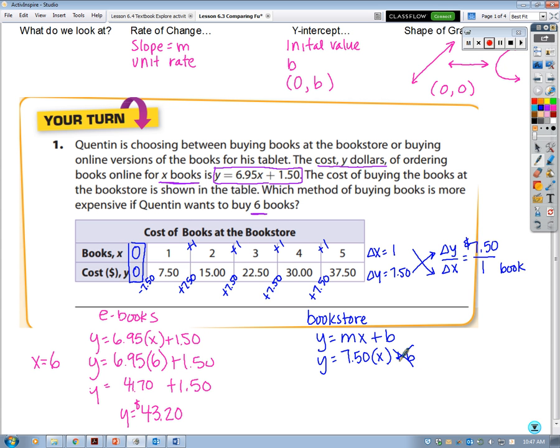So the equation is y equals 750x. So two things you can do. You can continue the pattern and find out, okay, when x is 6, what is y going to be? You're just going to add 750. Or you can plug it into the equation, which is essentially the same thing. So 750 times 6 books equals $45.